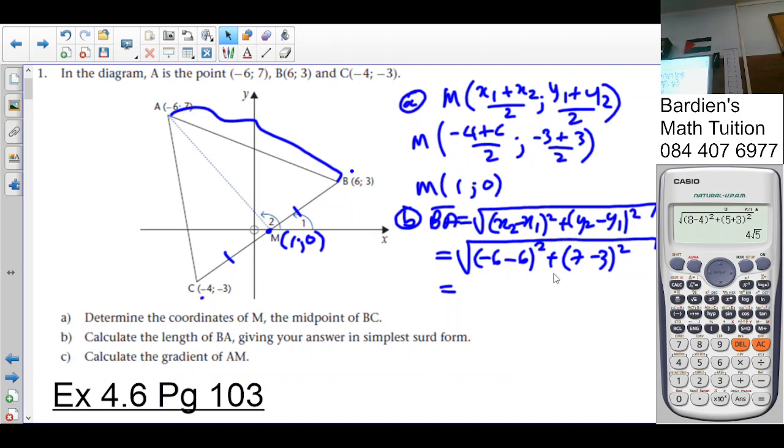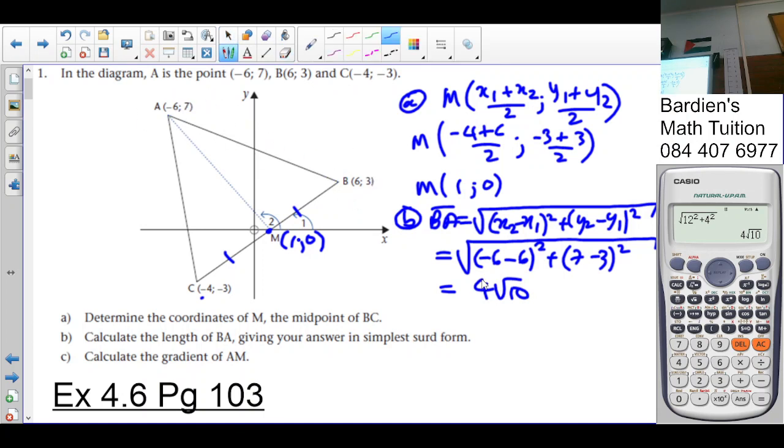That will give us the square root of 12 squared plus 4 squared, which gives us 4 root 10. You all okay with that? So it's 4 root 10.